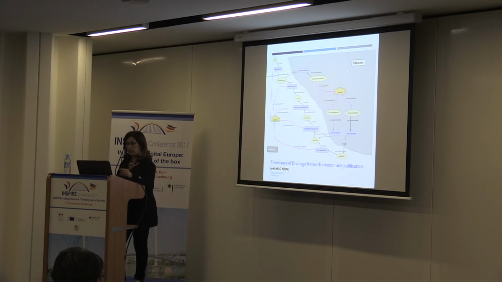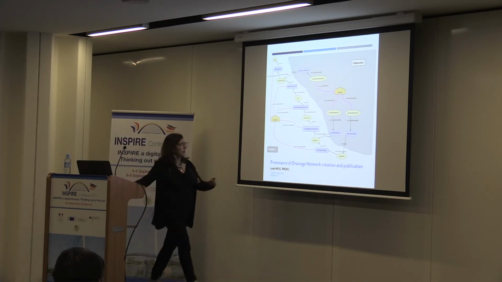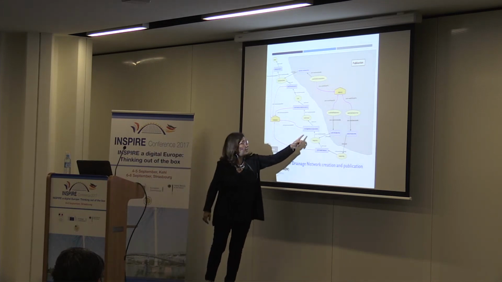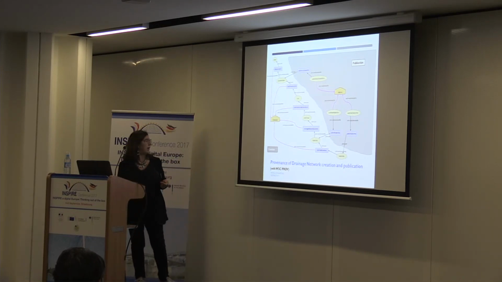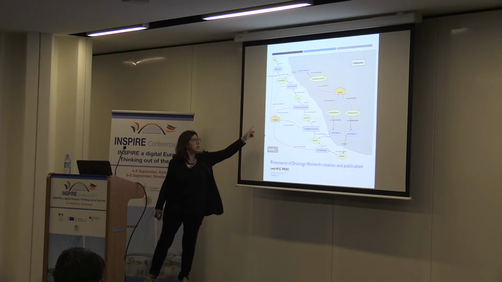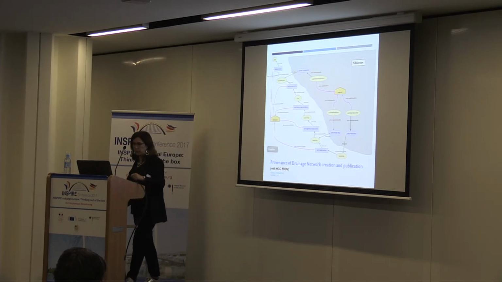In particular, on the white side you have the provenance drainage network description, and the gray one is the publication. The yellow ones are data that we produce, the rectangle boxes are the actions that we have done, and these ones are the agents that produce the data.